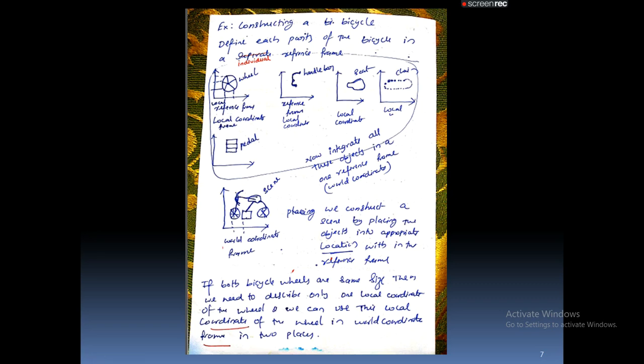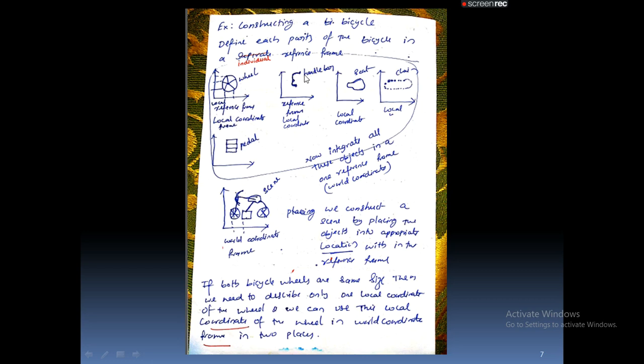Assume that if the bicycle contains 10 subparts, we need to create the 10 subparts individually by taking one separate Cartesian reference frame. So I did that only. Here in step 1, we represented each subpart of the bicycle by using a different Cartesian reference frame. For example, I represented the wheel of a bicycle using one Cartesian reference frame, that is called local Cartesian reference frame, by using local coordinates.